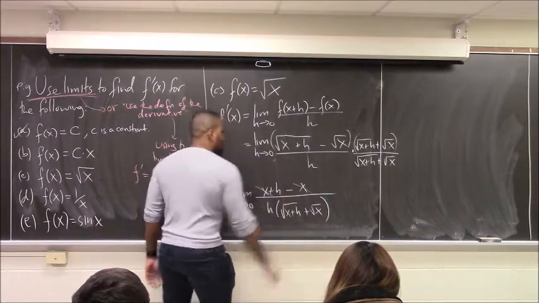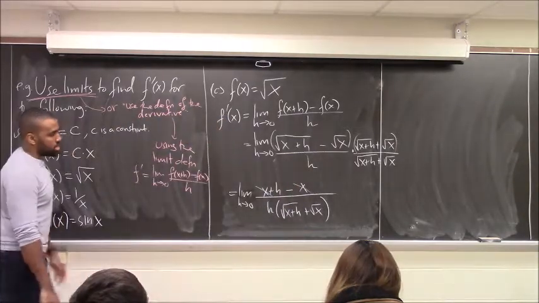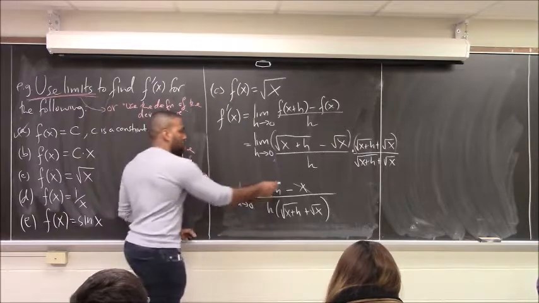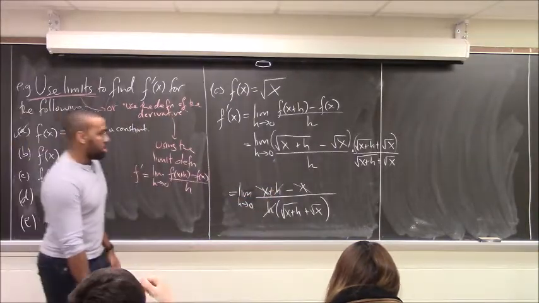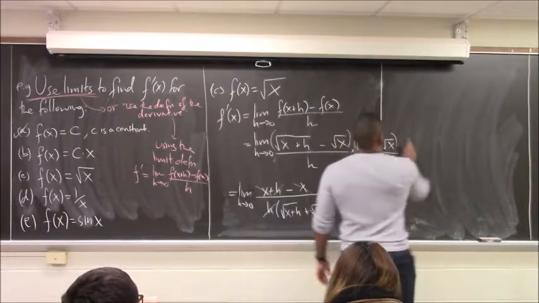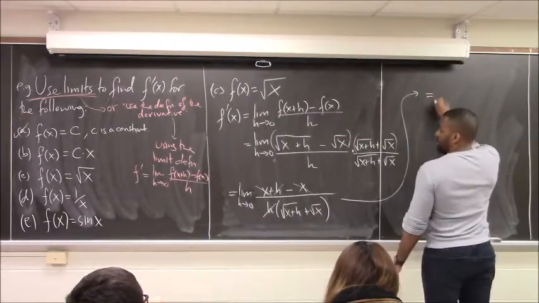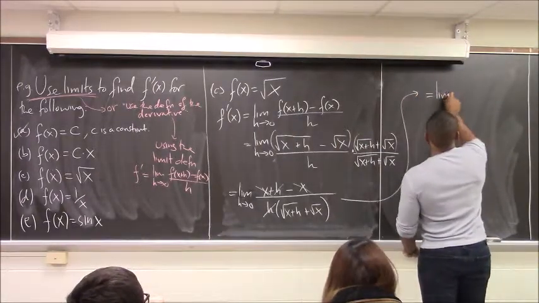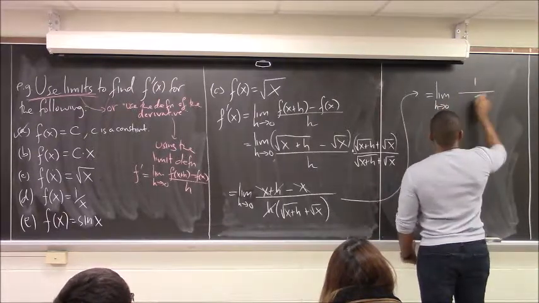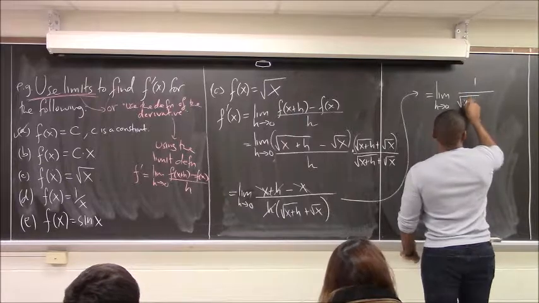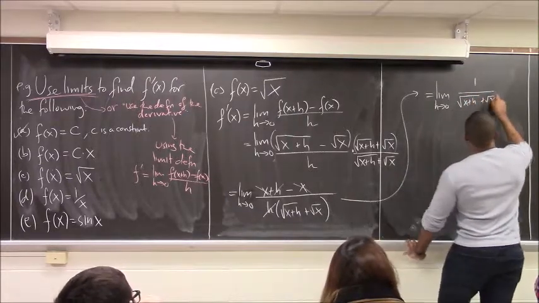The x's would kill each other because you have x minus x. The h's would also cancel. And so we're left with the limit as h approaches 0 of 1 over radical x plus h plus radical x.